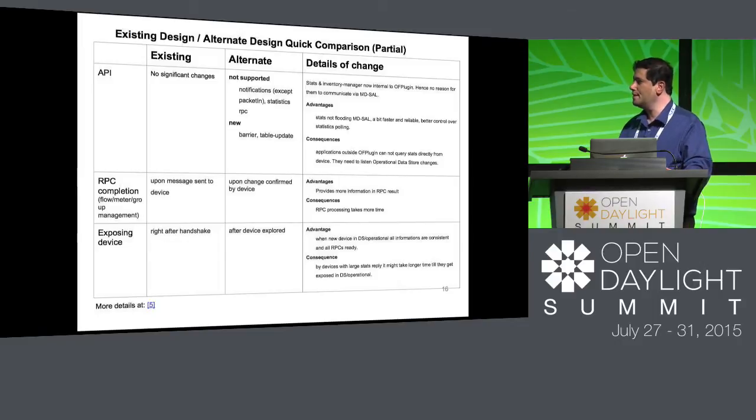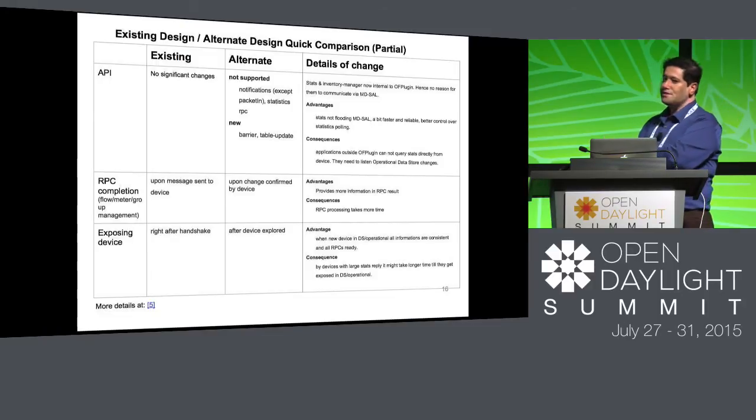One more thing is that when an OpenFlow device is exposed, in the existing design, it is exposed to the inventory right after the handshake. While in the alternate design, it's after the device has been explored.